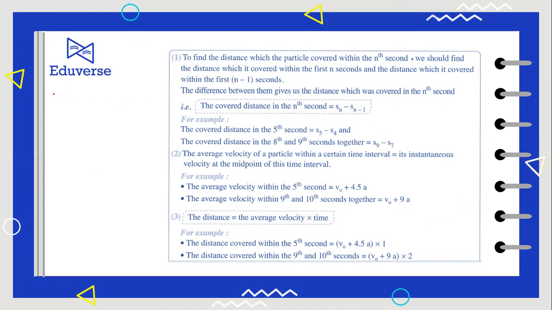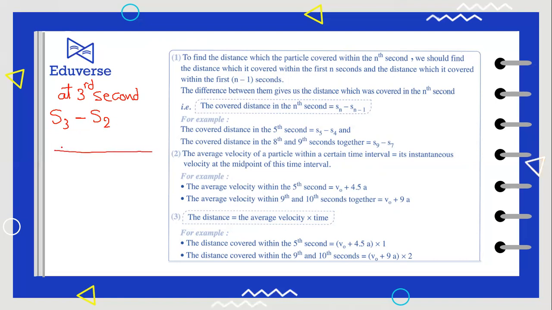If I want the distance at an instant moment, like the third second, how can I find it? I must find the distance at all 3 seconds minus the distance at 2 seconds. So distance at 3 seconds minus distance at 2 seconds.